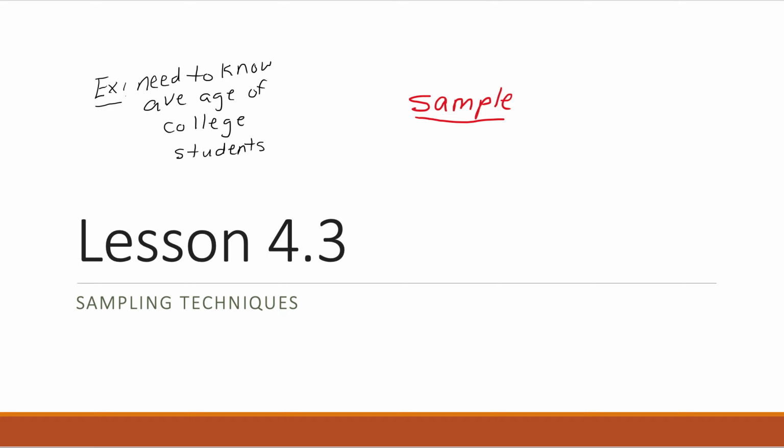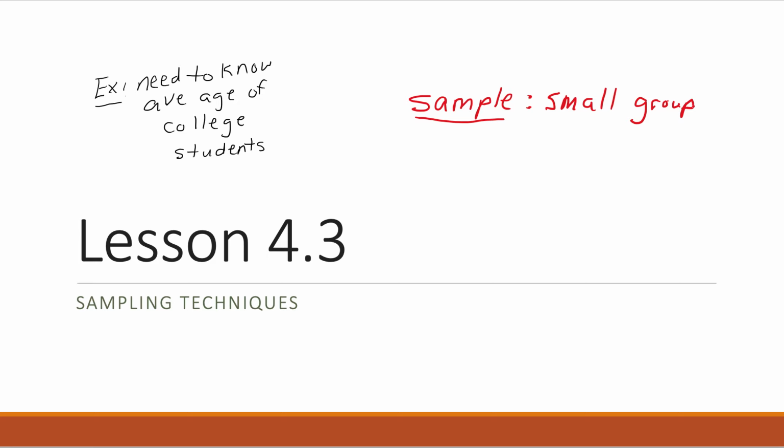So instead of asking every college student how old they are, we would ask a small group, and this small group would be called a sample. The idea is that it is easier to work with a small group than with the huge group of all college students.